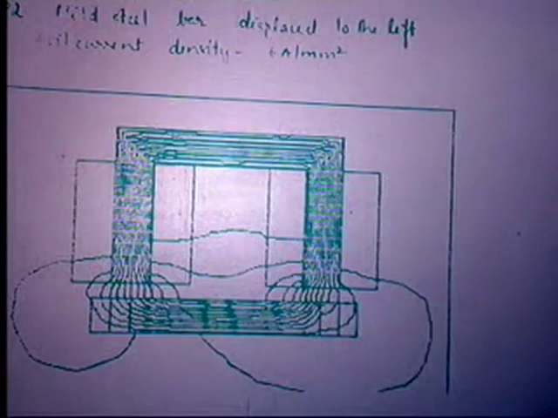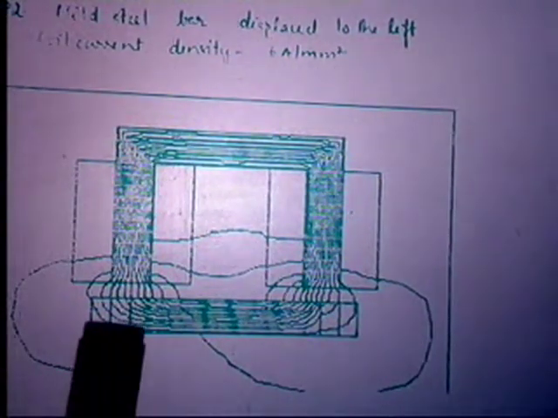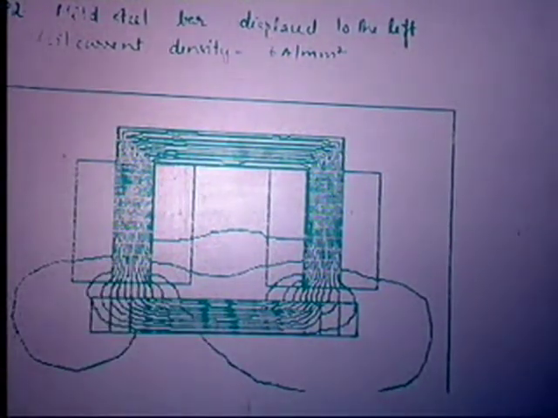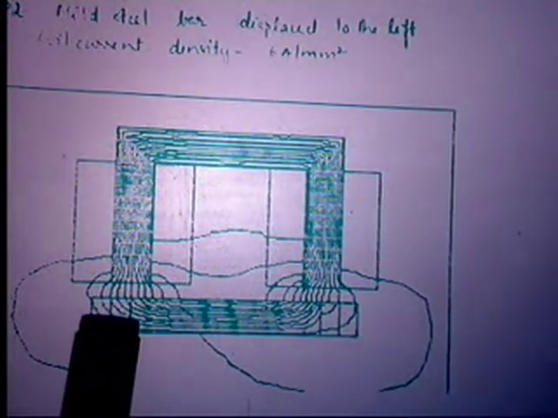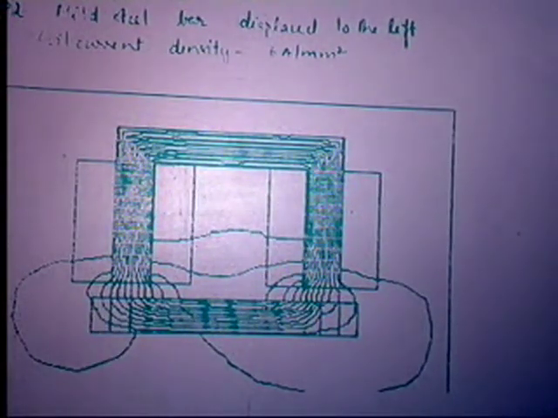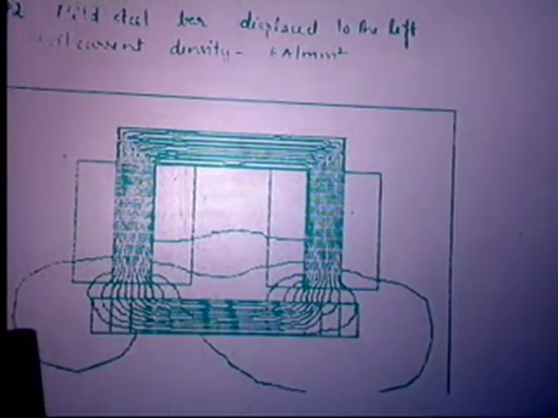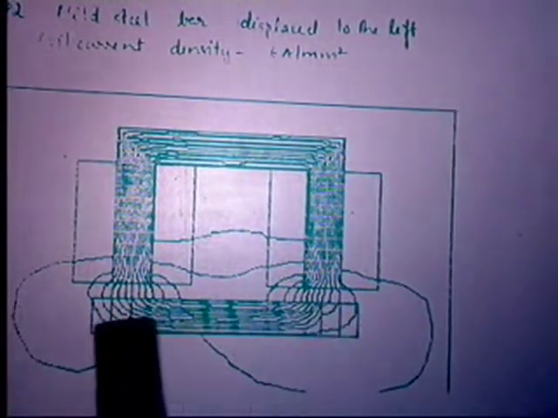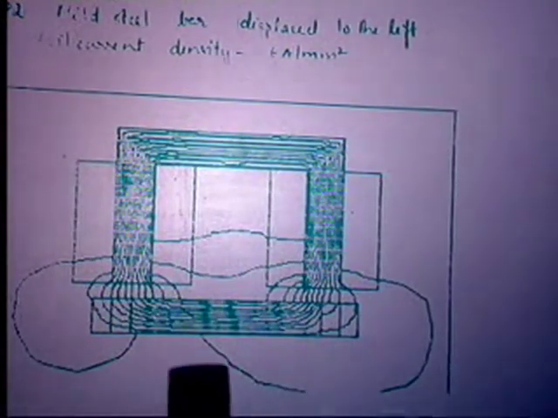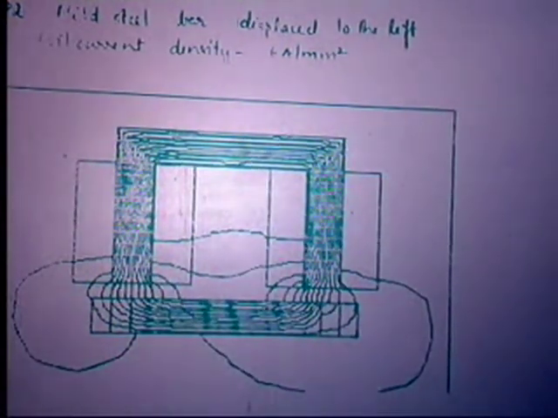Whatever is on the screen is here. So when the bar is displaced to the left, you will find a different nature of fringing, and the flux patterns will change.